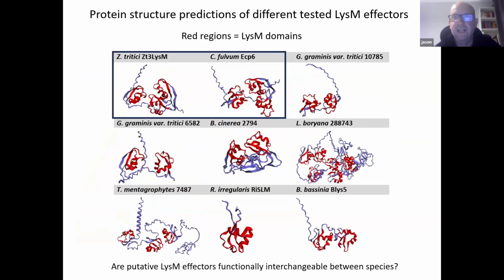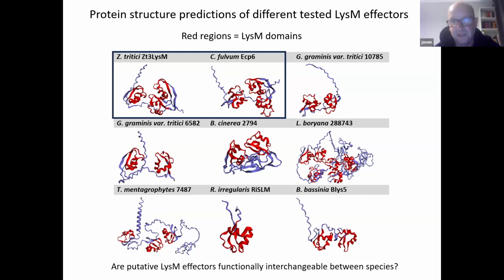So I let her go and pick some lysem effectors from her analysis that we would do some functional work on, as long as she also picked the Cladosporium fulvum ECP6 protein, which was the first lysem effector identified in any plant pathogen, from Cladosporium fulvum by Bart Thomma and colleagues some years ago. And we had to include it in the project because it's very structurally similar to the ZT3 lysem if you do AlphaFold predictions, which you can see boxed up there.